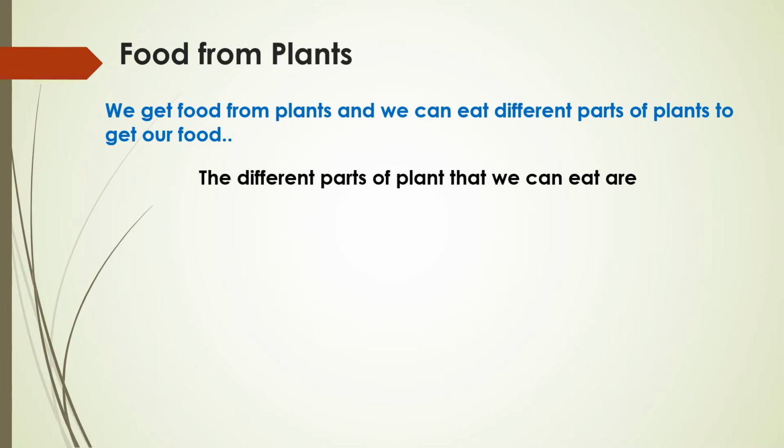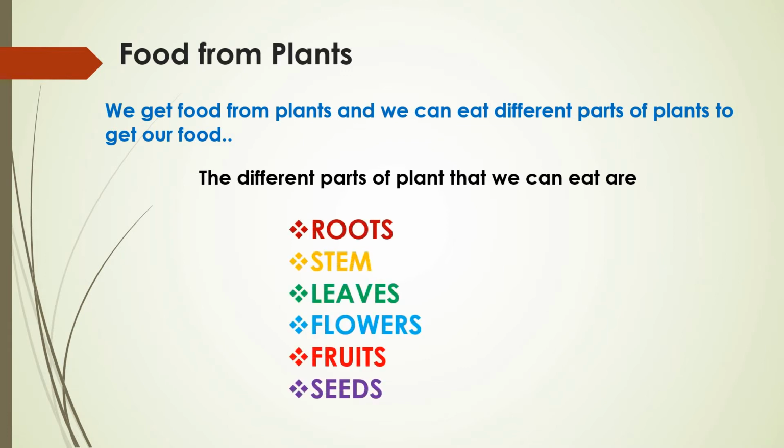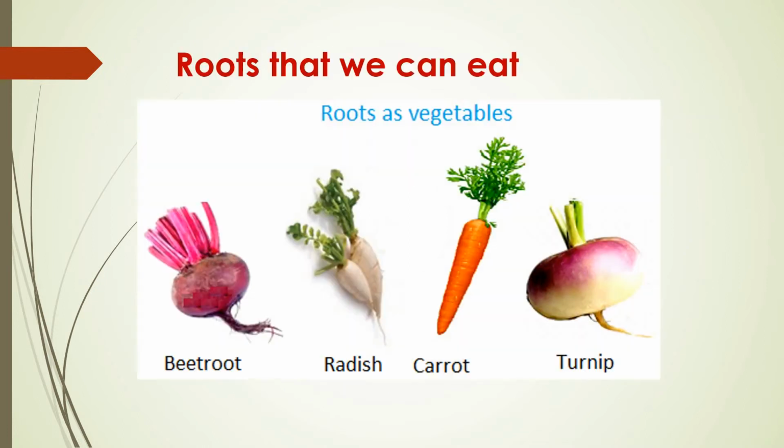The different parts of plant that we can eat are roots, stem, leaves, flowers, fruits, and even seeds, which means we can eat almost every part of plant, but not of the same plant, but maybe of different plants. But we can eat roots, stem, leaves, flowers, fruits, as well as seeds.